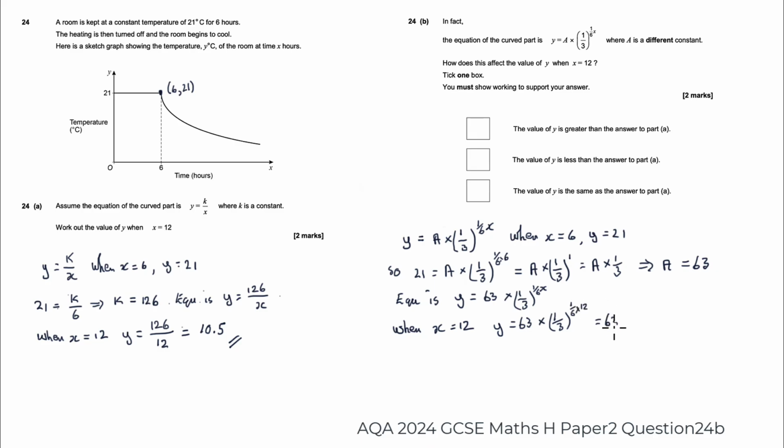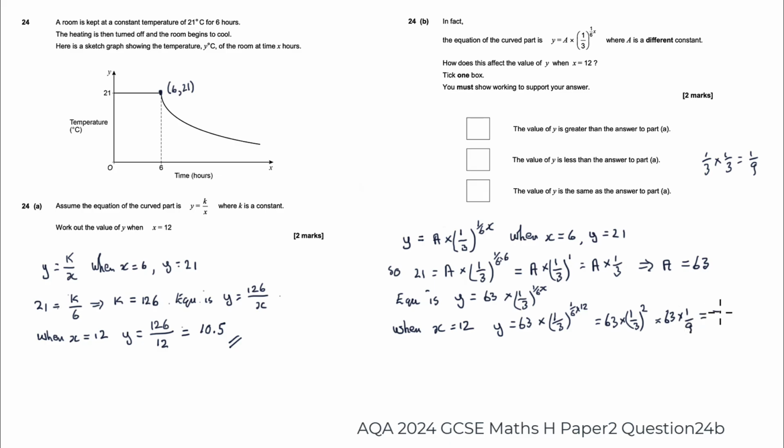So it's 63 times 1/3 raised to the power, well, 1/6 of 12, 6 into 12 goes 2. So we're doing 1/3 times 1/3. And 1/3 times 1/3 will be 1/9. So it's 63 times a ninth of 63.